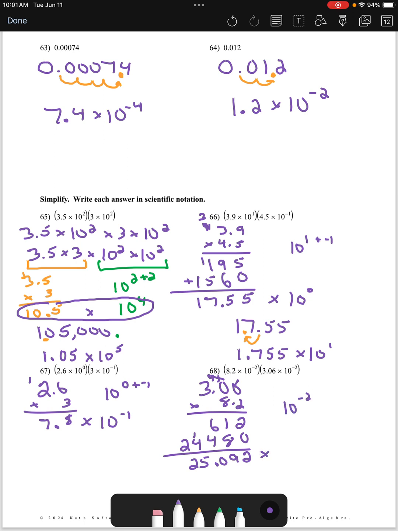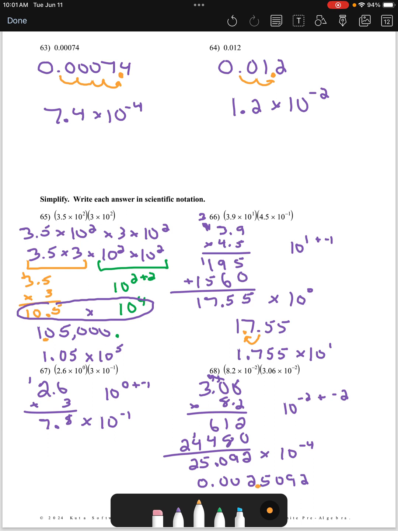Sad face. Only sad face because 2 and 5 on the left means we're going to have to do some adjustment here. Tens, we have 10 to the negative 2 and 10 to the negative 2, so we have 10 to the negative 4 when we combine the exponents. Write this thing normally, so let's see. Decimal point has to move left 4 times. Now I know I'm not showing the work on me doing that.